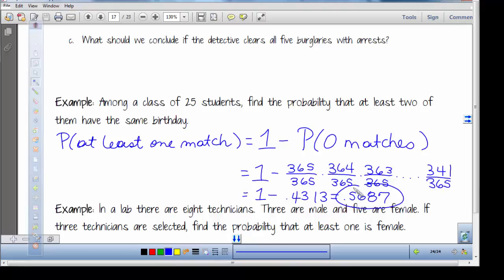Okay, so the probability of having at least two people with the same birthday in a group of 25 people is a little more than 50%. Okay, and you might not have thought that, but it's not unlikely. So we were able to get to that by using this rule for at least one and complements.